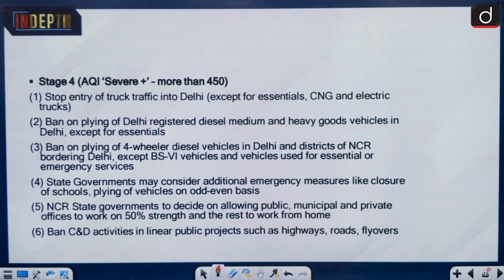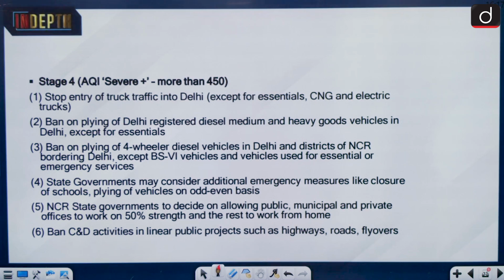Stage 4: stop entry of truck traffic into Delhi, except for essentials, CNG and electric trucks. Ban on plying of Delhi registered diesel medium and heavy goods vehicles in Delhi, except for essential. Ban on plying of four-wheeler diesel vehicles in Delhi and districts of NCR bordering Delhi. There are some exceptions also.